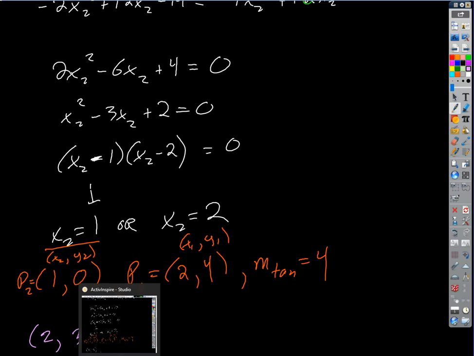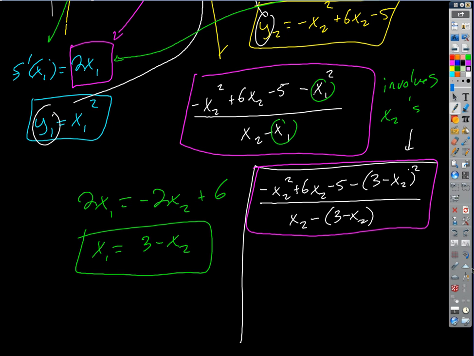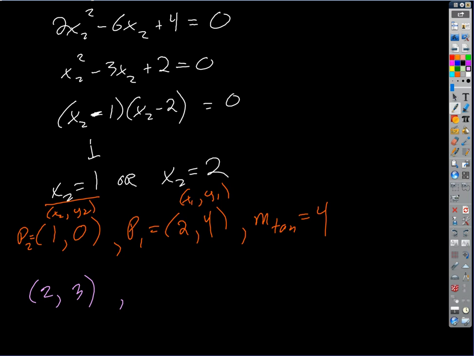What about x1, y1 then? So we're starting with x2 is 2, so x1 is 1. 3 minus 2, okay? And then we got to find y sub 1. So that's easy.